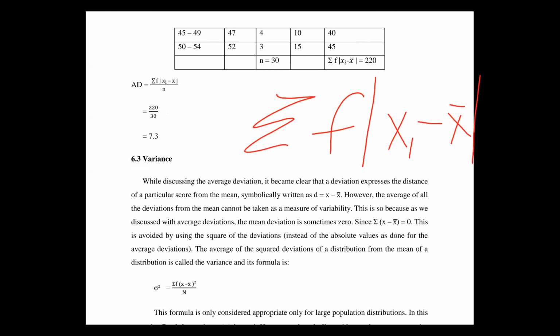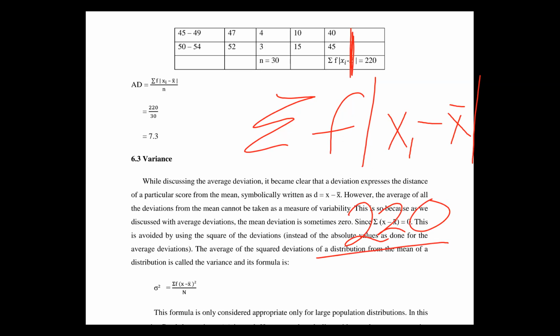This column is continuing from the previous page. So you got 220 when you sum up those absolute deviations that are multiplied by the frequency.